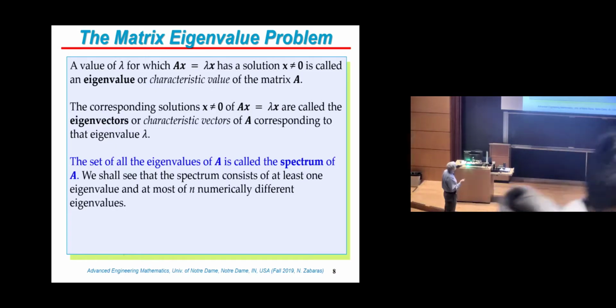All right, so I will keep going. The set of eigenvalues is called the spectrum of the matrix A. And you may have seen things in later courses, maybe numerical methods, spectral methods. Everything that has the word spectral in it has something to do with eigenvalues and eigenvectors, okay?